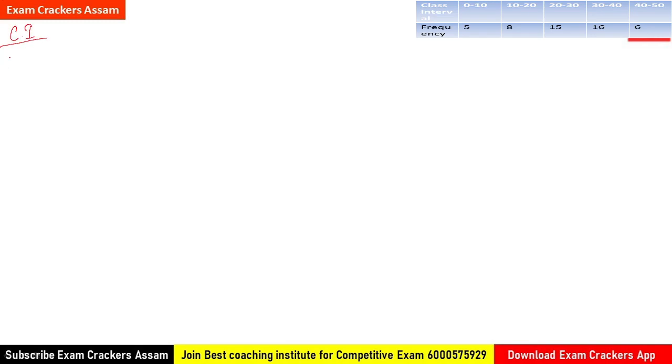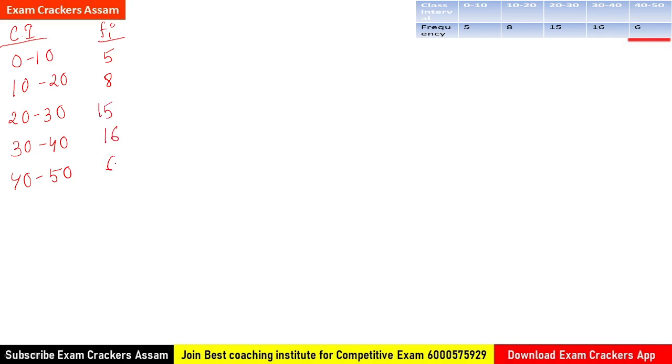Class intervals: 0 to 10, then 10 to 20, then 20 to 30, then 30 to 40, and the last one is 40 to 50. And the corresponding frequencies are 5, 8, 15, 16 and 6.